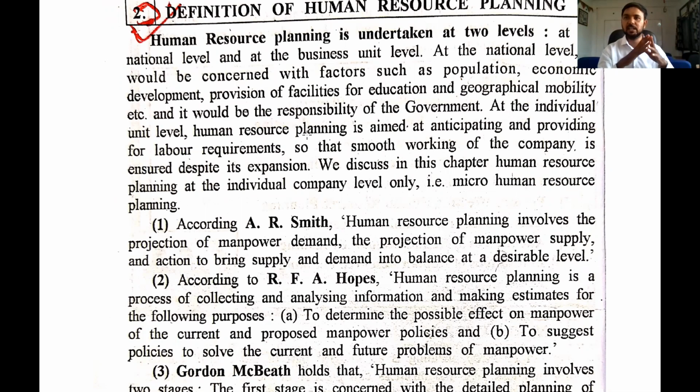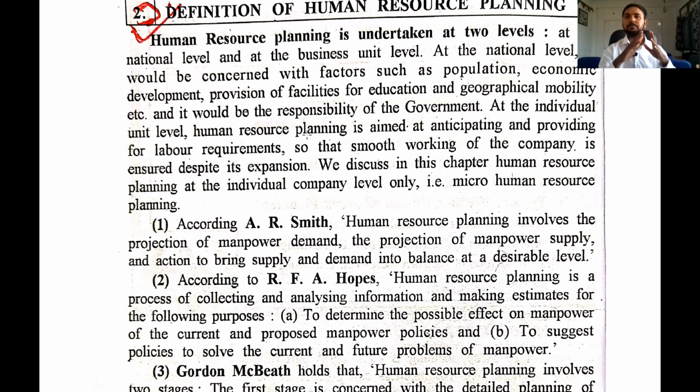We can say at a national level, government does such planning to utilize the human resources properly. And the second level is at firm level, or we can say a single industry level, at a company level.